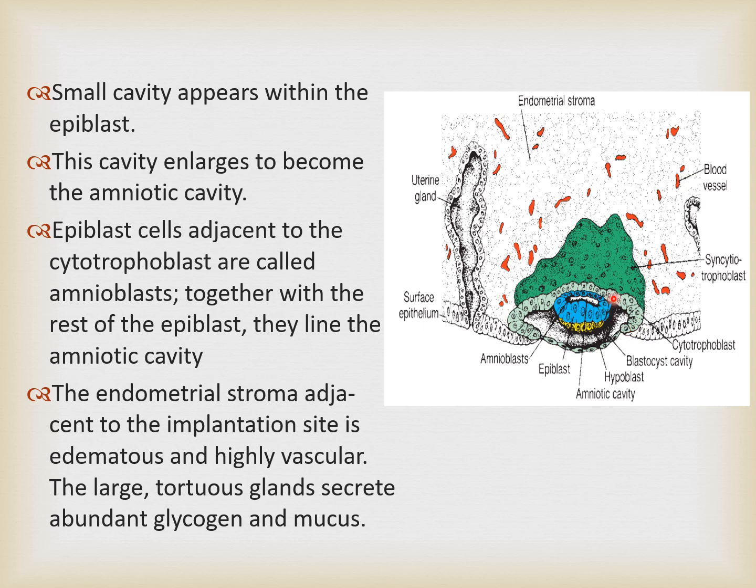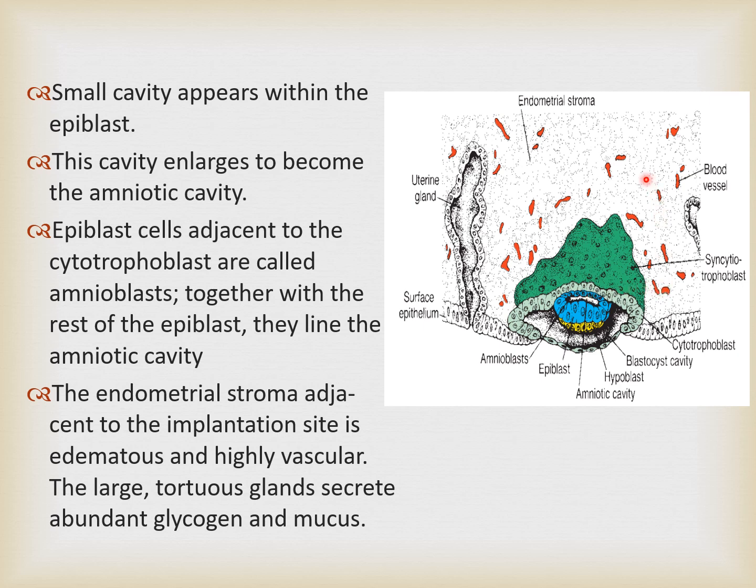A small cavity appears within the epiblast cells, which is known as the amniotic cavity. Epiblast cells which are adjacent to the cytotrophoblast are called amnioblasts, as shown here. Together with the rest of the epiblast, they line the amniotic cavity. This white colored cavity shown in the epiblast cells is the amniotic cavity.